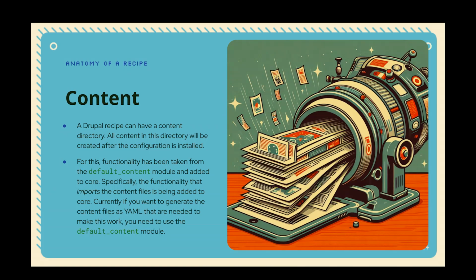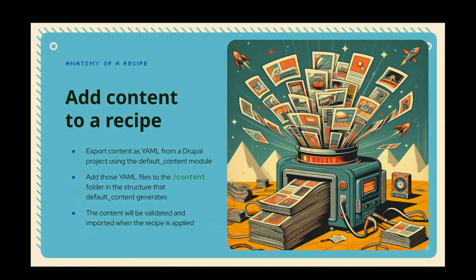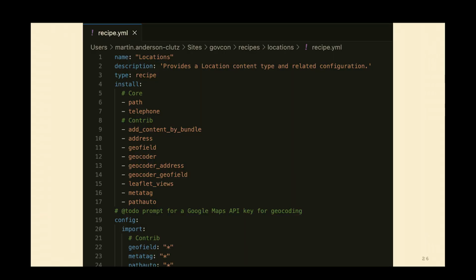It provides drush commands and different things to actually generate that. Then you can take the directories it generates, organized and keyed by the entity types, and bring all of that into the content directory within your recipe. Now when anyone applies that recipe, that content will automatically be created for them.